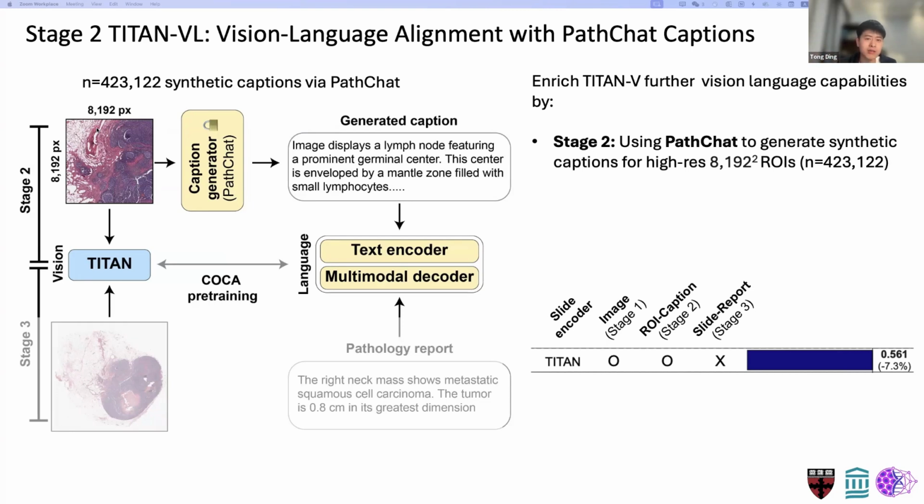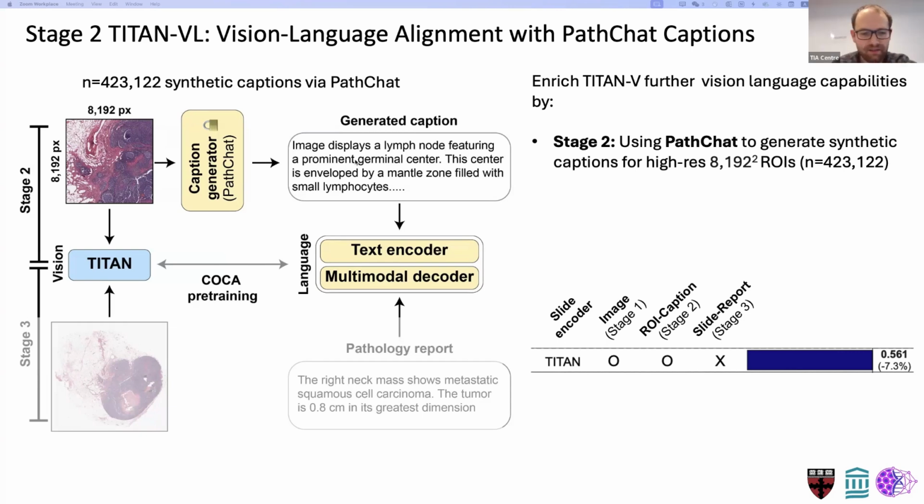We asked our pathologists to check the quality of the PathChat generated captions, and of course there are hallucinations, but the overall quality is acceptable to pathologists. And as we can show later, training with synthetic captions actually helps the model's performance.